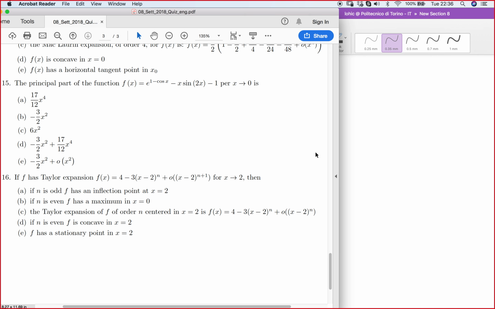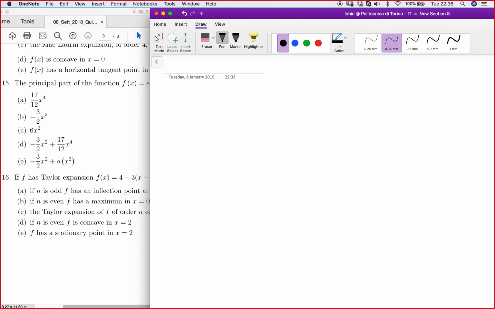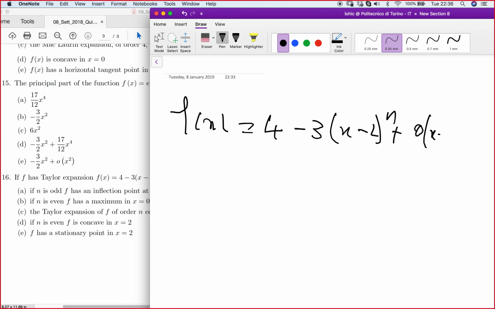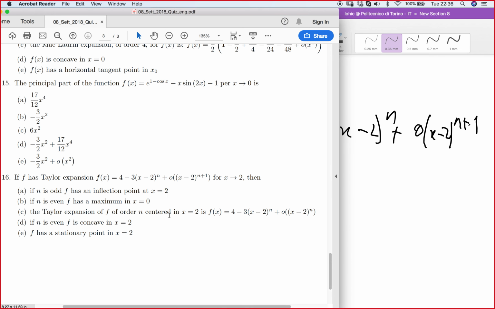So we have that f of x is equal to 4 minus 3 multiplied by (x minus 2) to the power n plus little o of (x minus 2) to the power n plus 1. Now this is the Taylor expansion of order what?